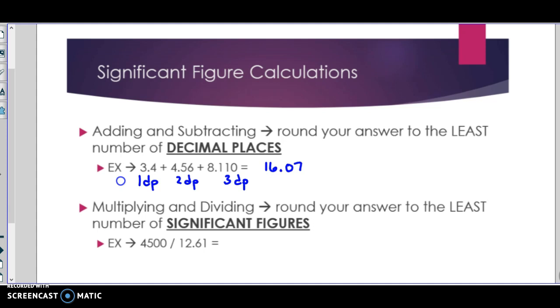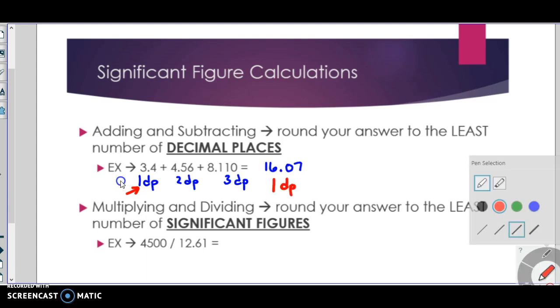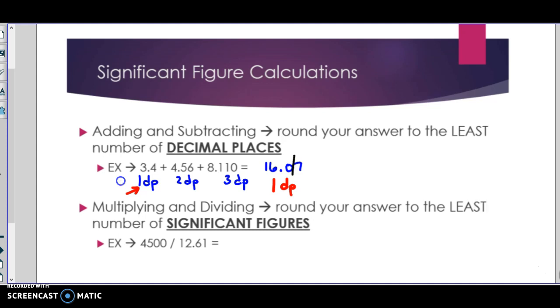The least number of decimal places is 1. So your answer should be rounded to 1. To do that, I count over 1 space. I then look at the 7. That 7 changes that 0 to a 1. So my correct answer would be 16.1.